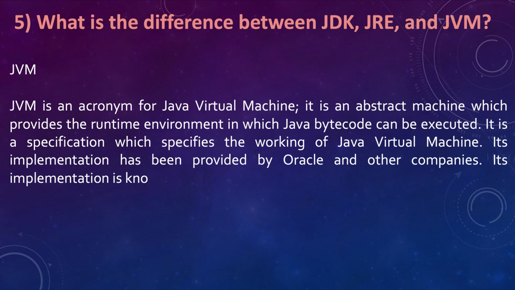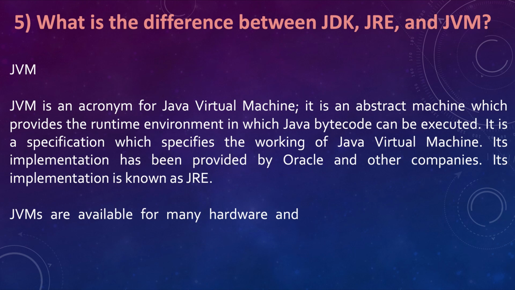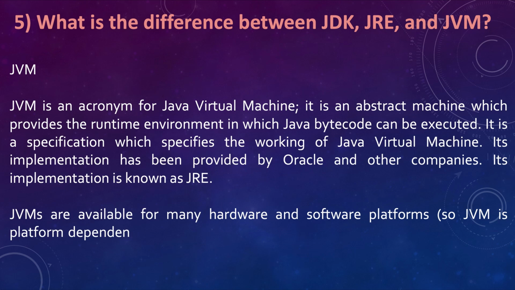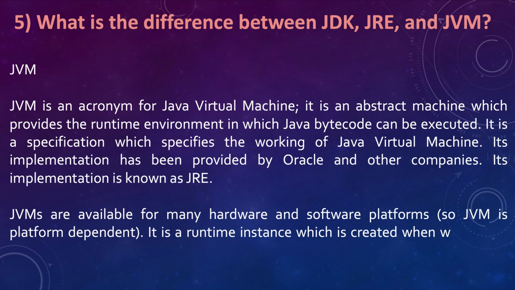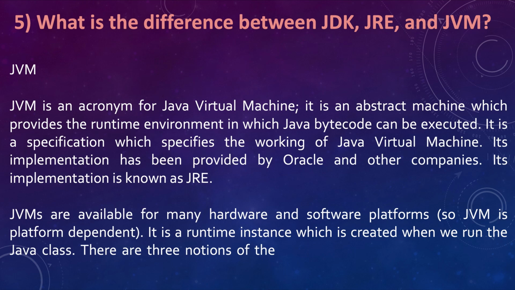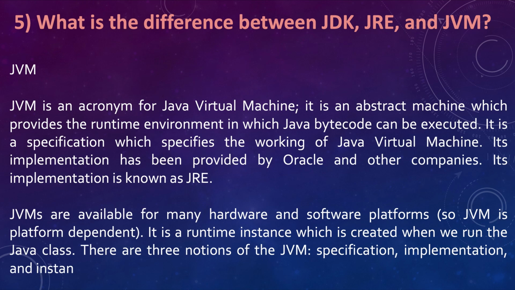Its implementation is known as JRE. JVMs are available for many hardware and software platforms, so JVM is platform dependent. It is a runtime instance which is created when we run the Java class. There are three notations of JVM: specification, implementation, and instance.